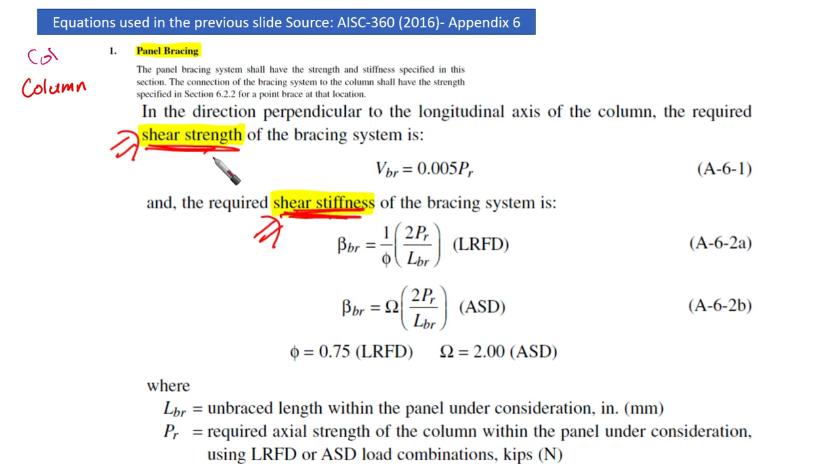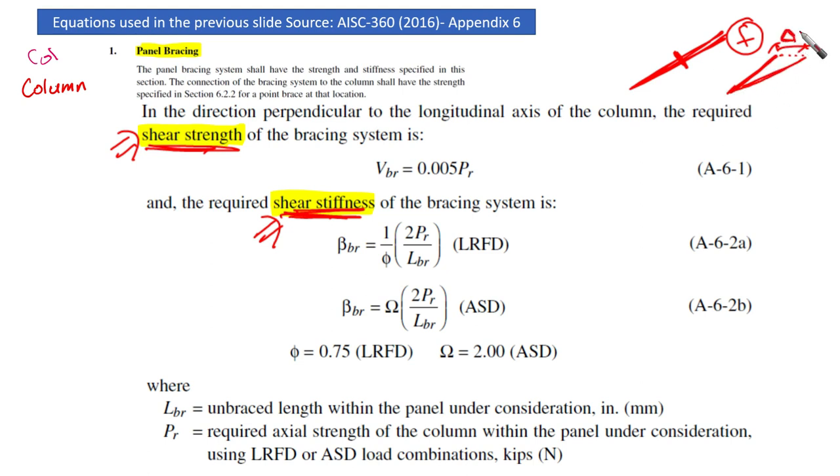Strength is related to the strength of the bracing itself, the force that is going to be developed over the cross section that we need to provide. However, shear stiffness means how much lateral movement is going to be allowed by our bracing. This is what we are going to talk about in the example.